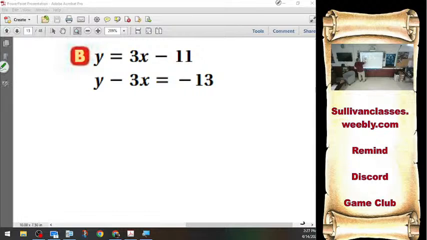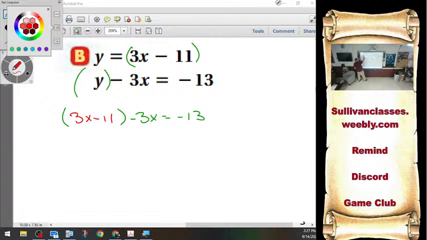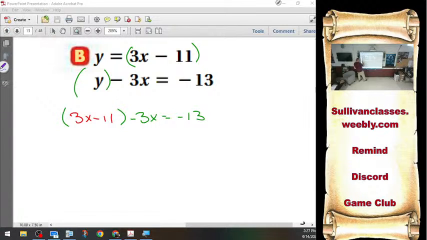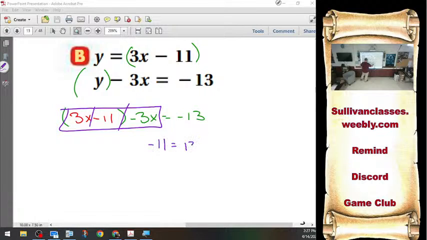Anyway, if y is stuff, I will replace y with stuff. So I have stuff minus 3x is negative 13. In goes 3x minus 11. I don't have anything to really monkey with here, so the parentheses are unnecessary. 3x minus 3x, that's gone. I get negative 11 is negative 13.